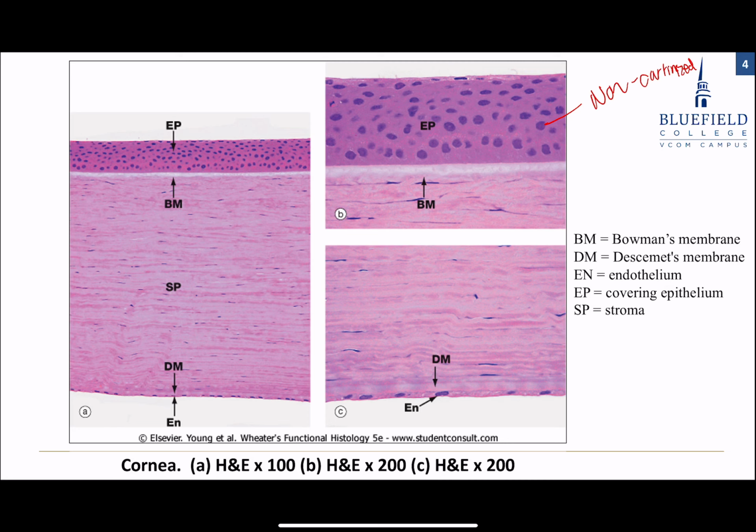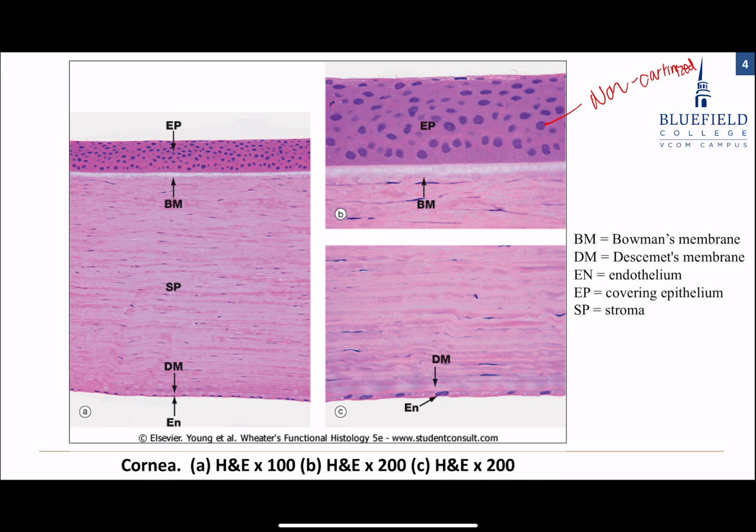You can see it here, and then once you see it here, you can even make it out over here on low power magnification a little bit. It's got more elastic fibers than a basement membrane normally has within it, yet some thicker and a little bit different composition. We find plenty of things that are just a little bit different in the eye than other places in the body.